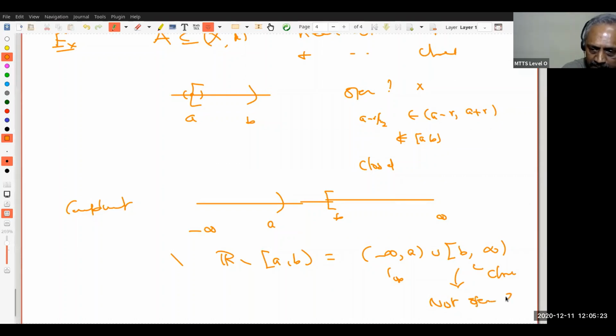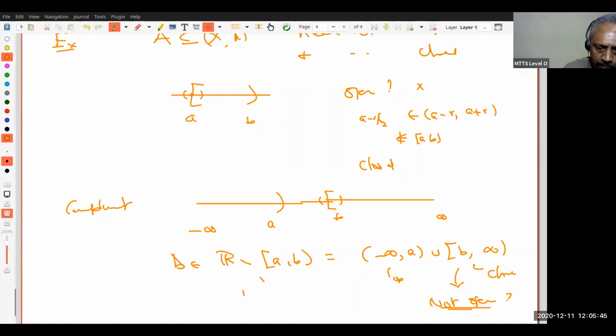Do you understand why this is not open? Of course, the reason is similar. If it is open, then there is an open interval around b which is completely contained in b to infinity. As in the earlier argument, that's not possible. Therefore, this is not open. But b is a point in this set, and around that, I can't find an interval.